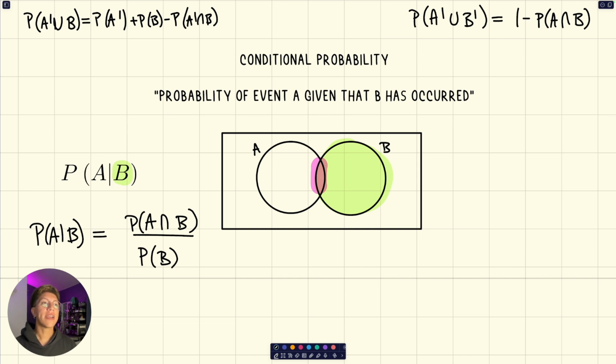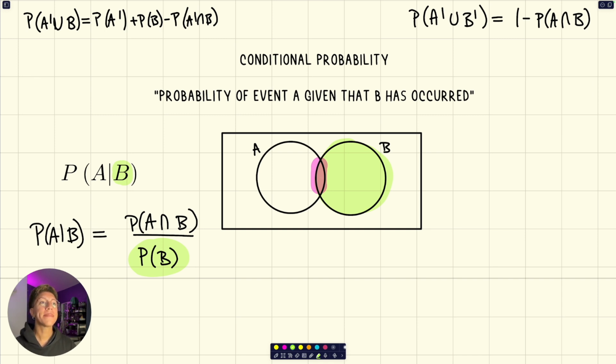And visually in the diagram, it means that we're looking for, again, the part of the diagram where the given condition is met, which is B, and then we're putting that on the bottom, or the denominator. So that's our denominator, our whole sample space we're considering.